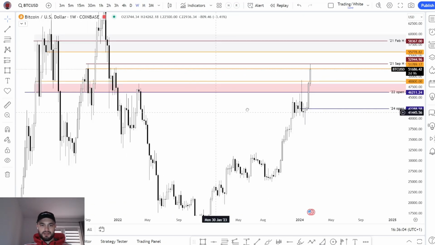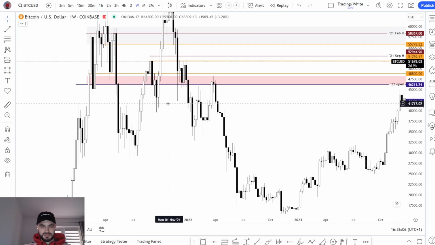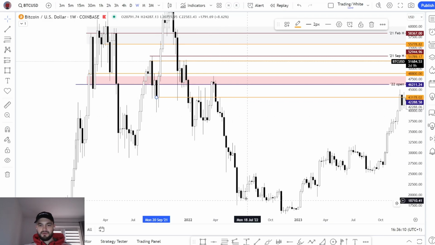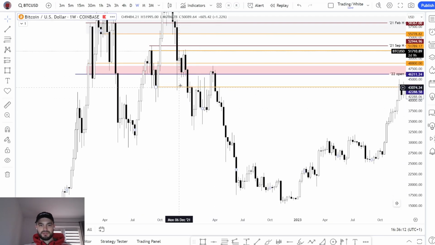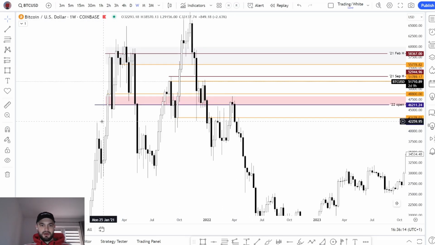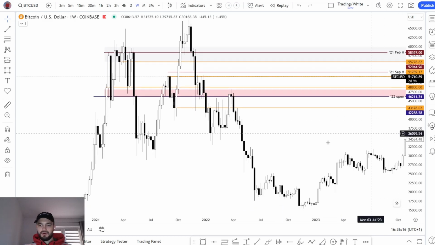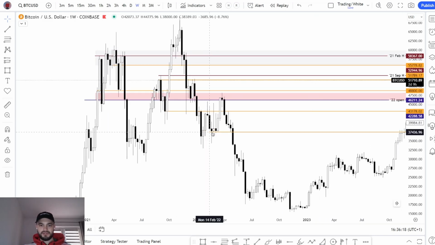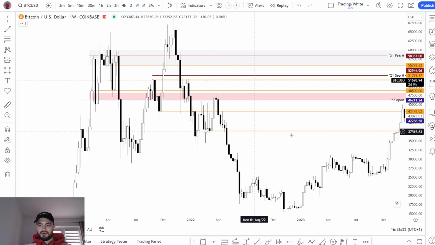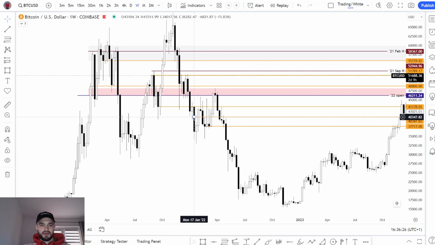Let's go to the weekly and chart things out. This is a significant level, deviated above and down below, was a support for some time. What else is there? This, obviously, this whole clutter of orders around 38k. Like, yeah, we could do 38k.